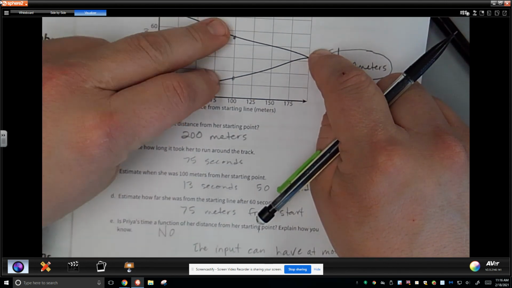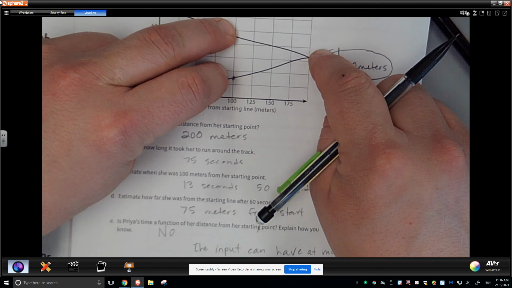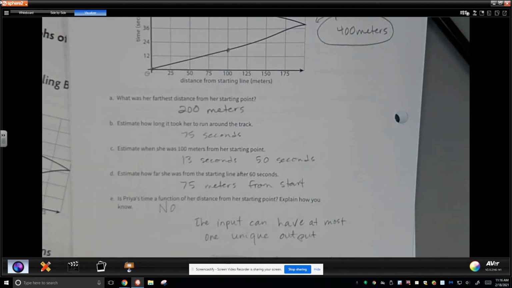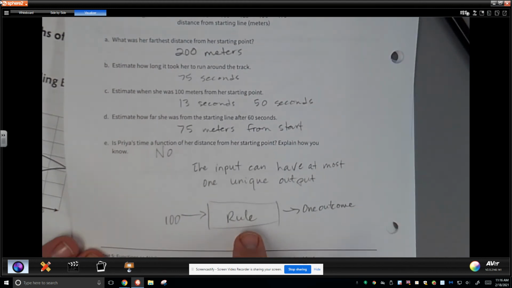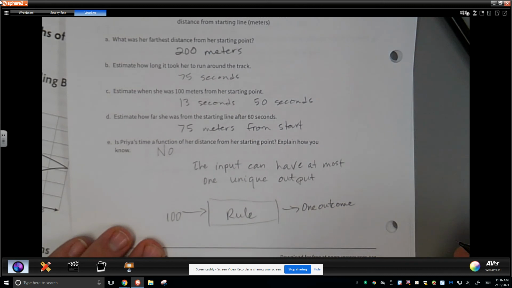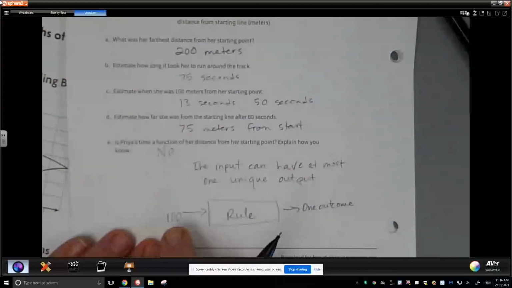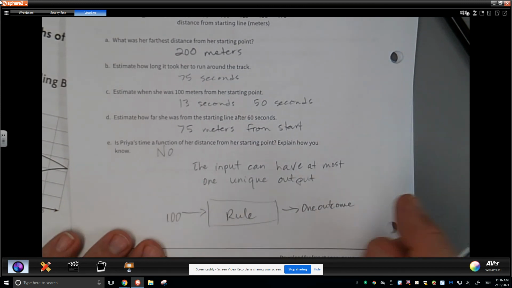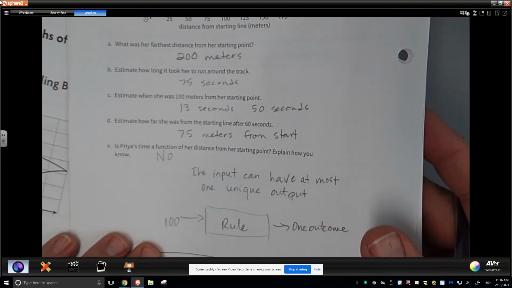But the fact that along the way, 100 meters from the start is the exact same distance from the starting line, but it has 2 different outputs. And so this little function machine, following that rule, cannot be followed if you have two different outcomes, right? There's only one possible output when we're talking about an input in a function machine. So pay attention to that piece. That's the big learning from this lesson.